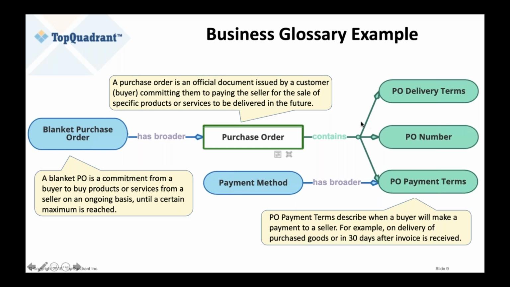But then you could start thinking about the structural aspect. So when you talk about purchase order and, let's say, purchase order number, both of those could be terms, but what is the relationship between them?